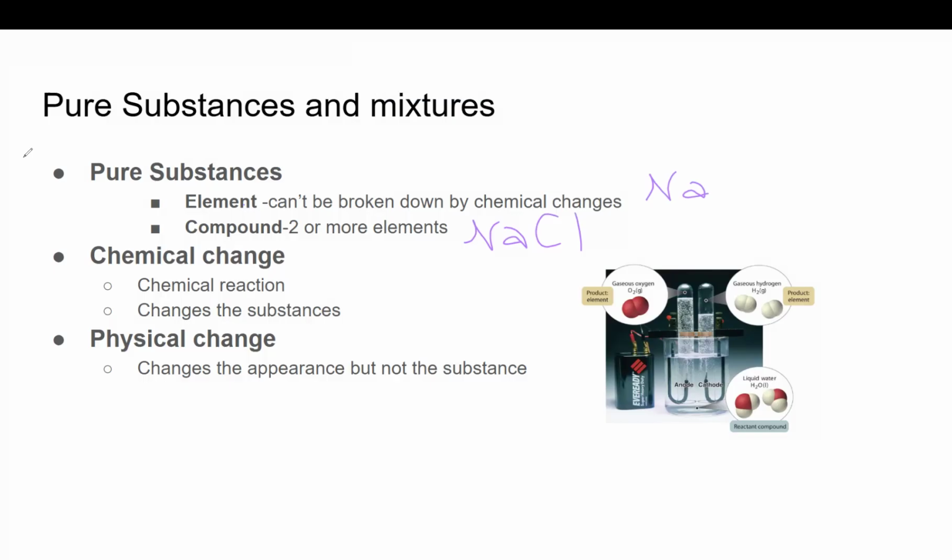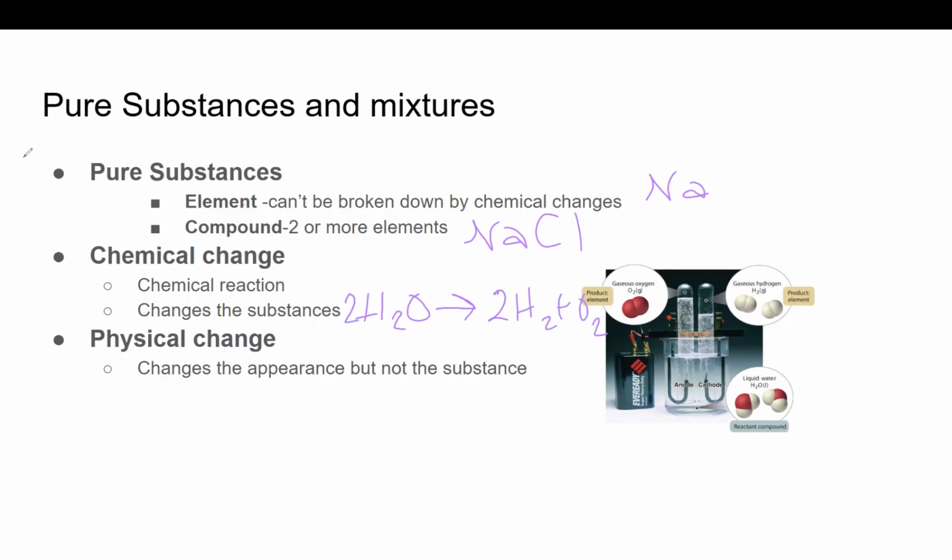Now, a chemical change happens through a chemical reaction, and it changes the substance from one thing to another. For example, if we have H2O, we can break it down into hydrogen and oxygen.